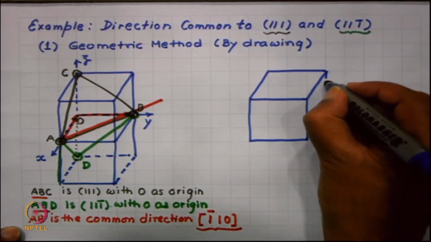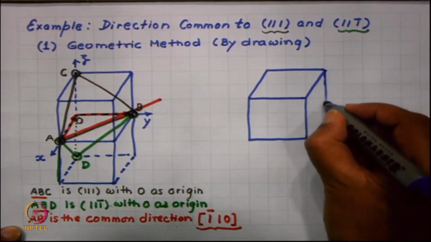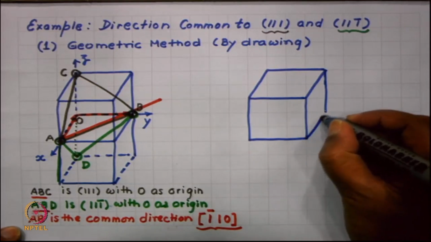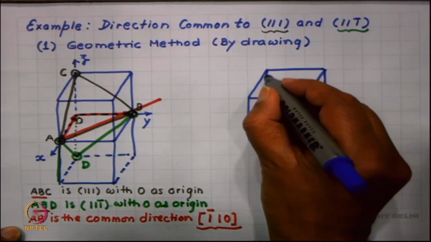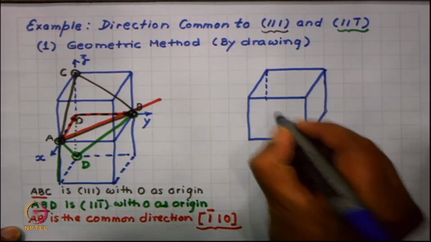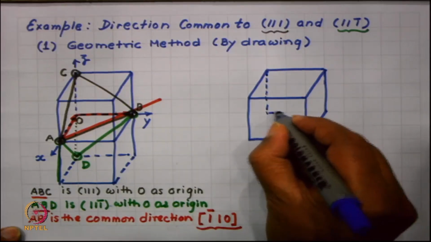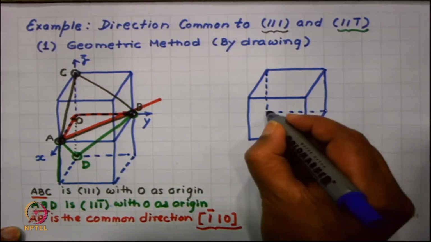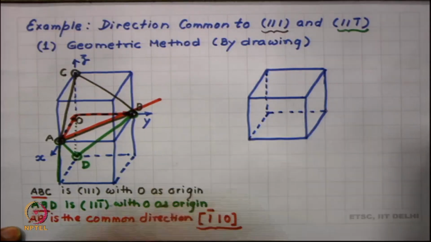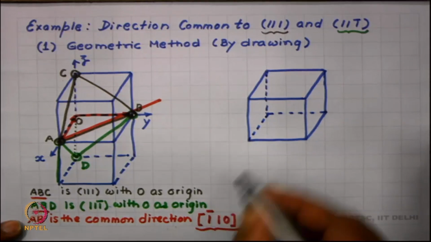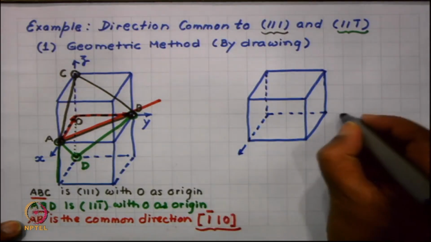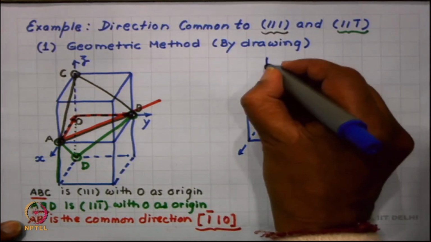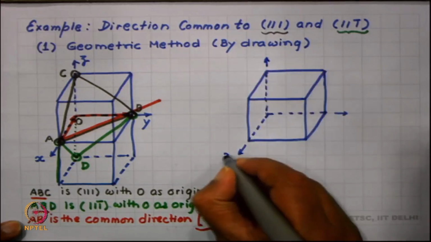Now, I like my unit cell and I do not want to go outside this unit cell. If I insist that, then also it is possible to draw these two planes in the same unit cell.